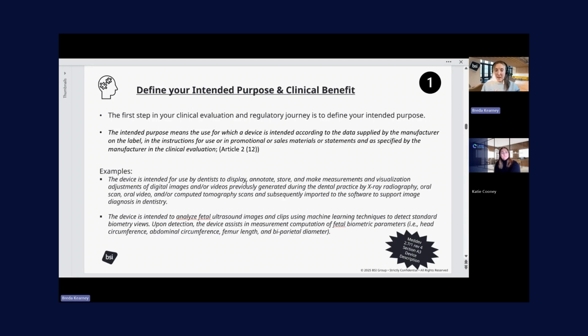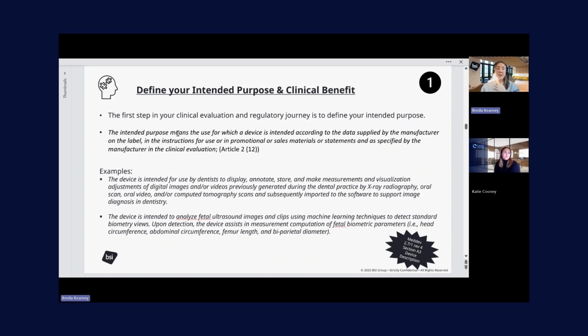So what I have here are examples of 2 different types of intended purposes. They're a little bit wordy, but it's just to give you an idea of how specific your intended purpose really needs to be.